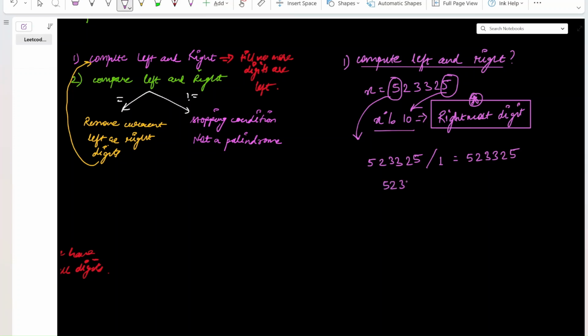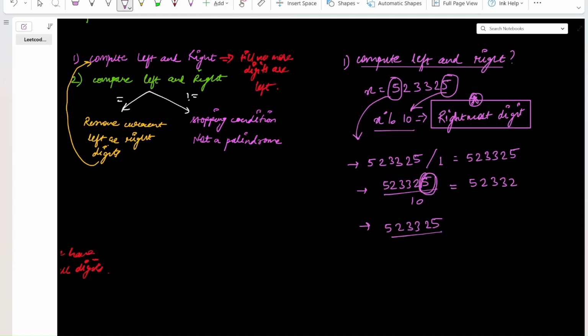Let us do 523325 divided by 10. If I do this, I would just get 52332. This would be gone. Next, let me increase the number of zeros at the bottom.